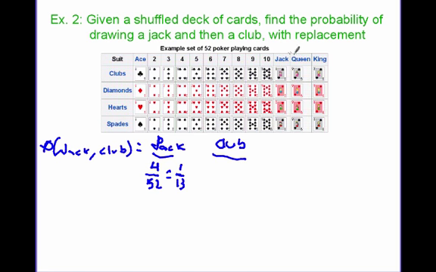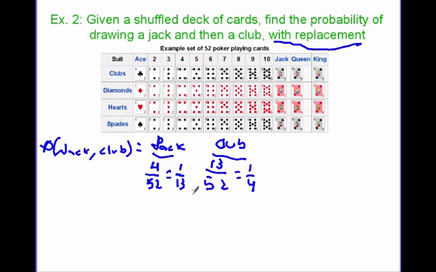Now, "with replacement" is key. It means I pull a card out of the deck, and let's say it's a jack. That card is out. With replacement means I now put that card back in the deck, so I still have 52 cards. So now I want to find the probability of getting a club. There are 13 clubs out of 52 cards. That reduces to 1/4.